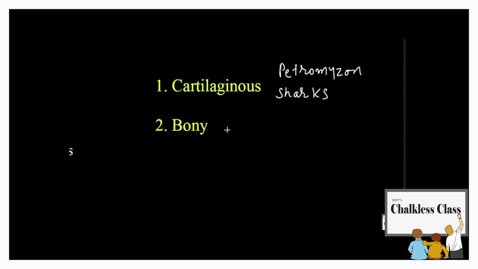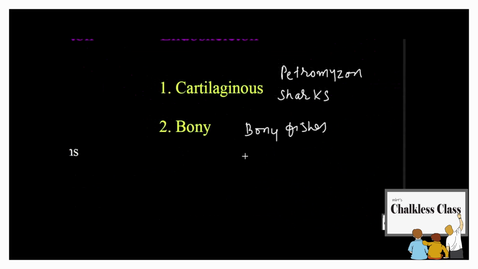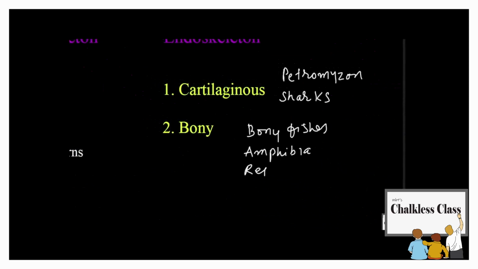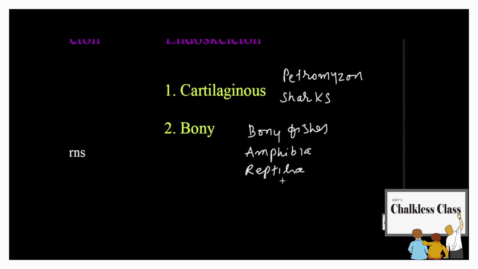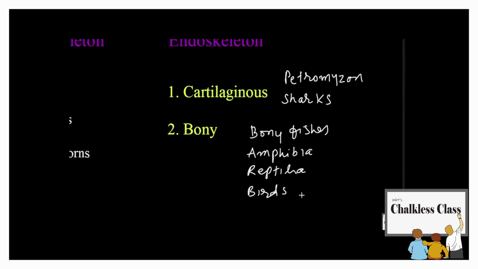The bony endoskeleton is present in osteichthyes, in which the bony fishes are included, and also amphibia, which is the class of frogs, and reptilia, in which the lizards and the snakes, etc. are included. The birds have bony endoskeleton, but that endoskeleton is pneumatic.